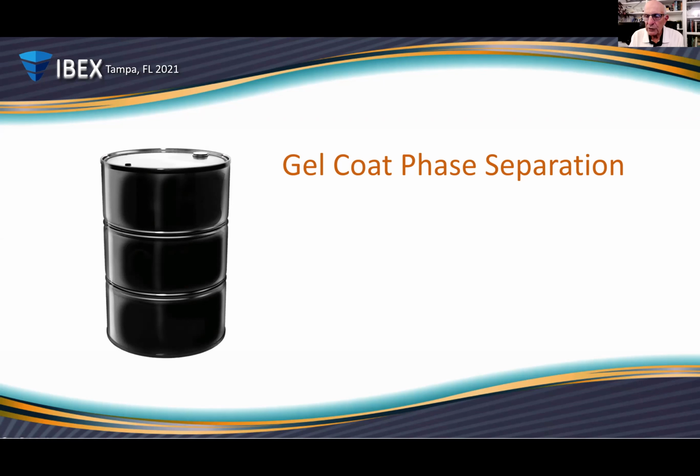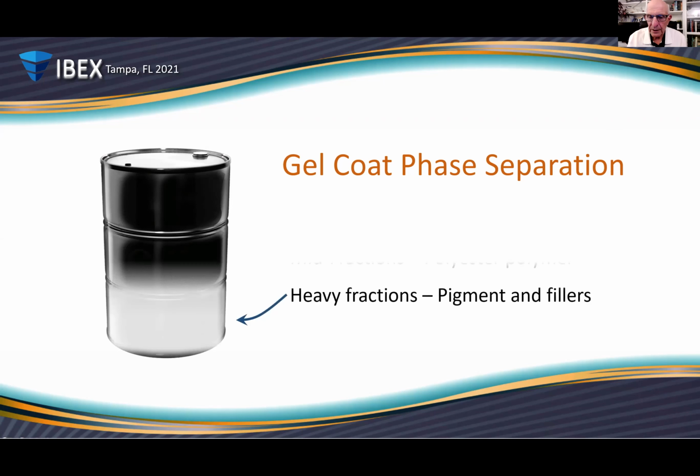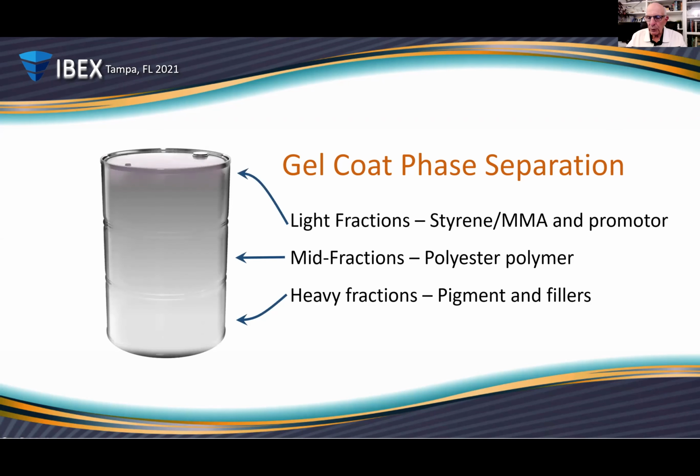So essentially, if you have a drum of material or a 5-gallon pail or a gallon can, and it's sitting there long enough, you will get this separation. The light fractions will float to the surface. That consists of styrene and/or methyl methacrylate. If it's a gel coat, a lot of them have methyl methacrylate as a secondary monomer, and the promoter.